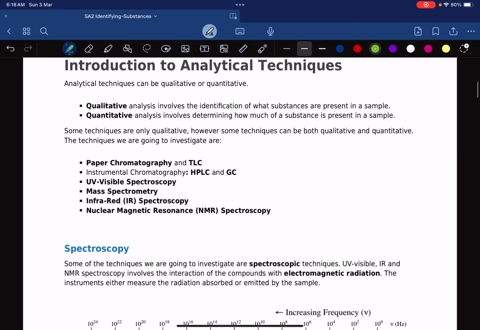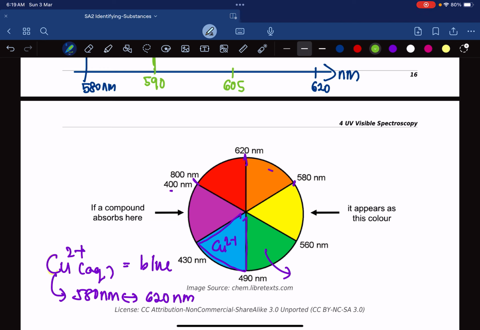Oh, sorry, I got it wrong. Color wheel was right just now. Okay, sorry, it says 440 to 500. Okay, absorbs 440 to 500. 440, there, here it is. Somewhere around here, right? So it absorbs at this region.